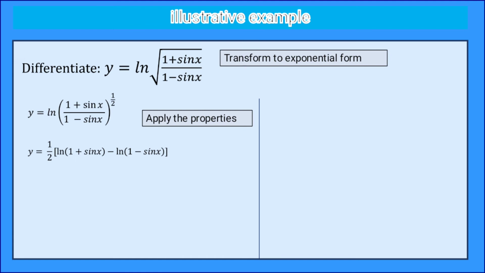And we can distribute this 1/2 to both of these terms here. So it will become y is equal to 1/2 times ln of 1 plus sine x minus 1/2 times ln of 1 minus sine x.